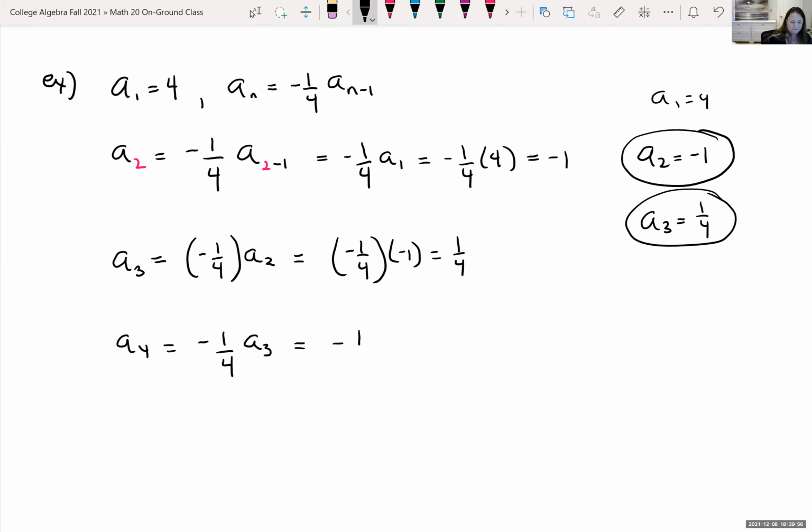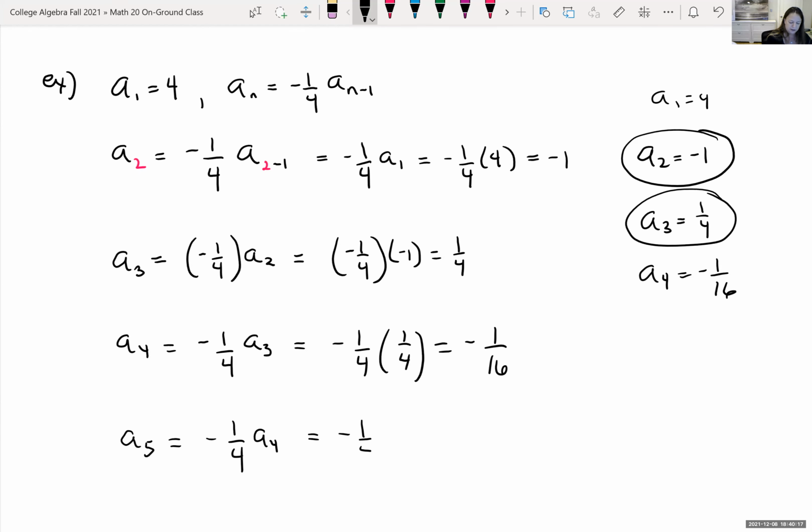So that's negative 1/4 times 1/4, which gives us negative 1/16. And the last term is negative 1/4 times a sub 4, so negative 1/4 times negative 1/16, which gives us positive 1/64.